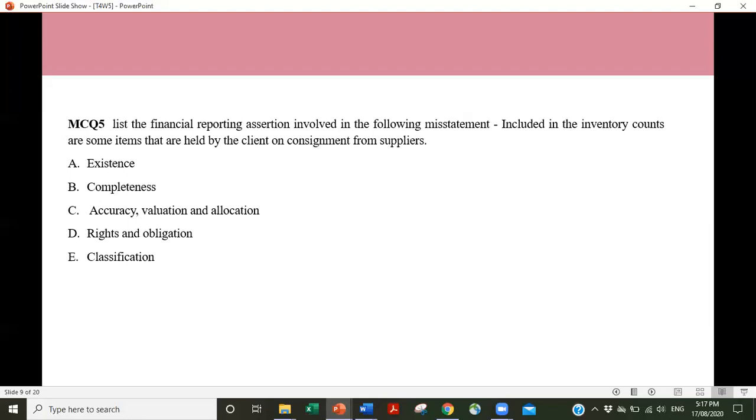The one you're probably testing the most in that case would be your rights and obligations. You could also say classification. I mean, you can argue for all of these, and that's why this question's classified as an easy question. Okay, so anyone got any questions in relation to 4.17? No? Okay.